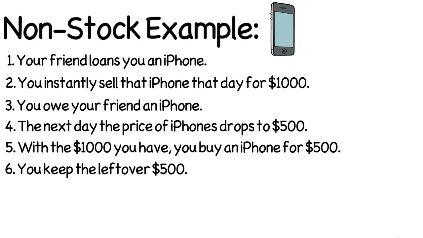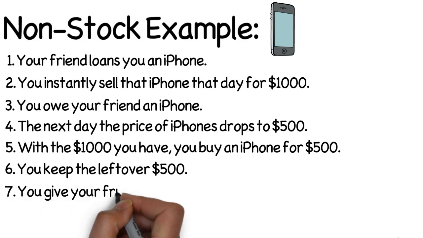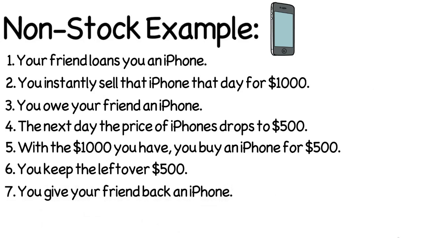So you go and buy an iPhone for $500 and you have that $500 left over. That's yours. So once you go buy the iPhone from Radio Shack, you go and give it to your friend. Here goes the iPhone that I owe you. Me and you are even, and I got $500 from my pocket.